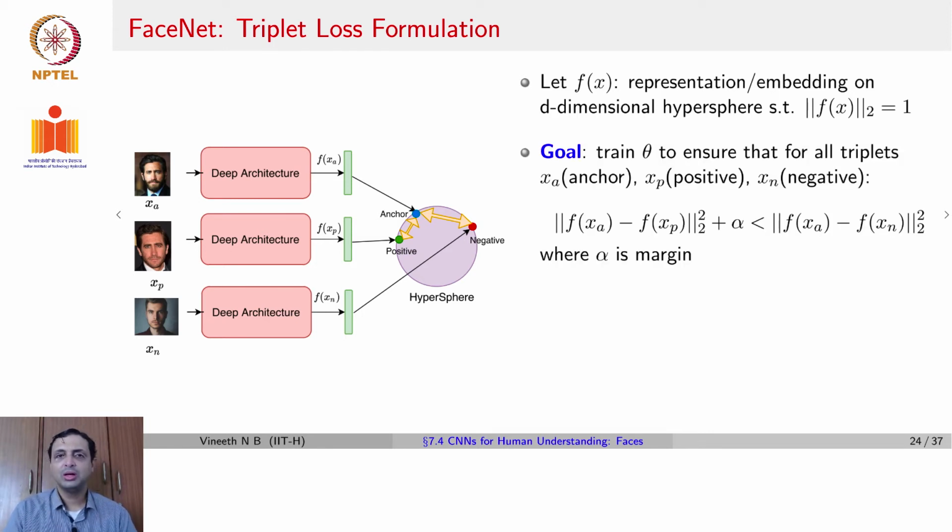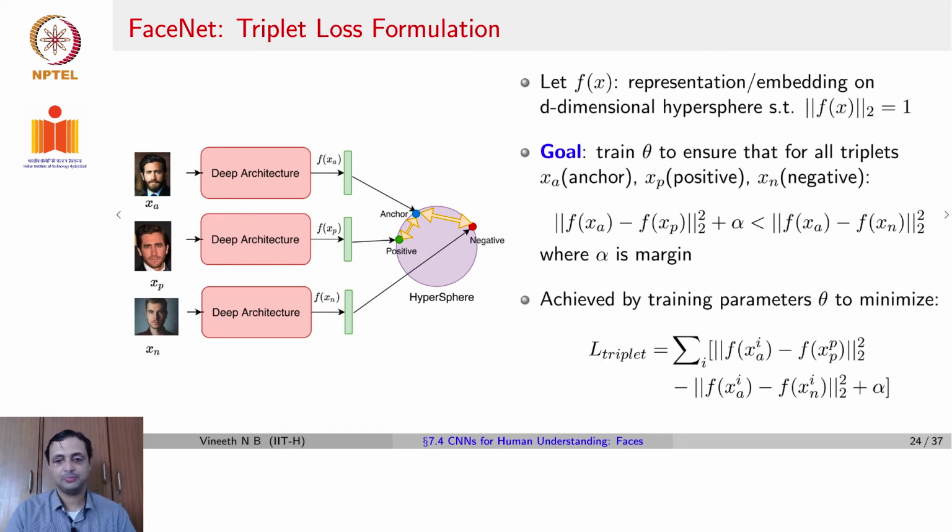And your goal now is to train theta, or the weights of the neural network, given all these triplets, to ensure that ||f(xa) − f(xp)||² + alpha is less than ||f(xa) − f(xn)||², where alpha is the margin.